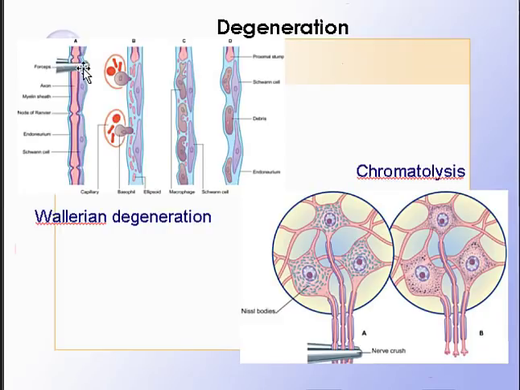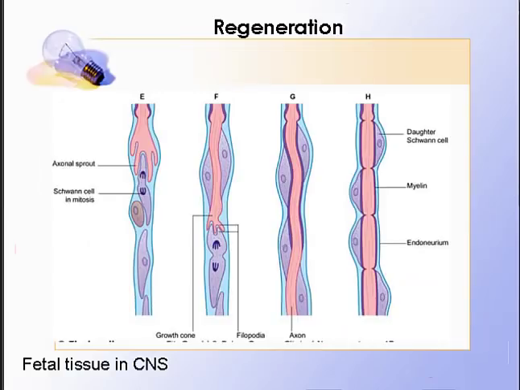A crush injury is much better than a clear-cut, severed neuron, because when a neuron is completely severed, imagine it's severed up here, there is a discontinuity between the endoneurial tubes, and then regeneration is not possible, or rather you'll have to do it manually, and that is by suturing the endoneurial tubes. When there is a clean cut wound, usually you wait for about 3 weeks so that the connective tissue sheets would have thickened and they'll hold your sutures well.